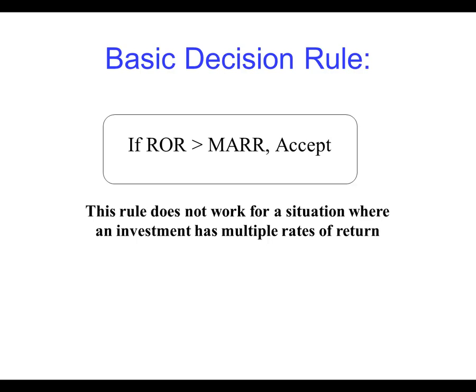This rule works with simple interest rate or simple rate of return, but if we have multiple rates of return, then that will not work. And when we say multiple rates of return, that means the values of the cash flow fluctuate or change over time. And we will look at some examples.